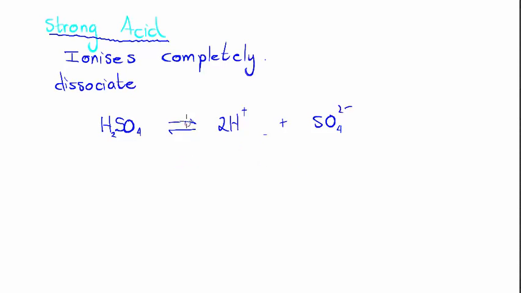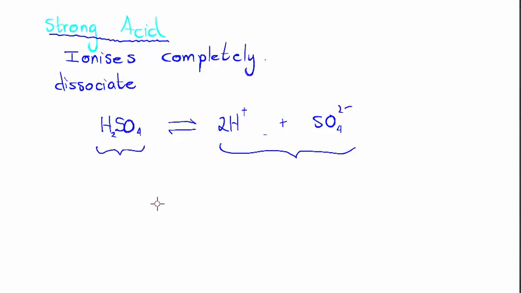You see? So because of this reverse reaction, it might be that some of the substance is still sulfuric acid, the rest of the substance is ions, when it's in the water. And because it's a reversible reaction, we have equilibrium. At some point, the forward reaction and the reverse reaction reach the same reaction rate.